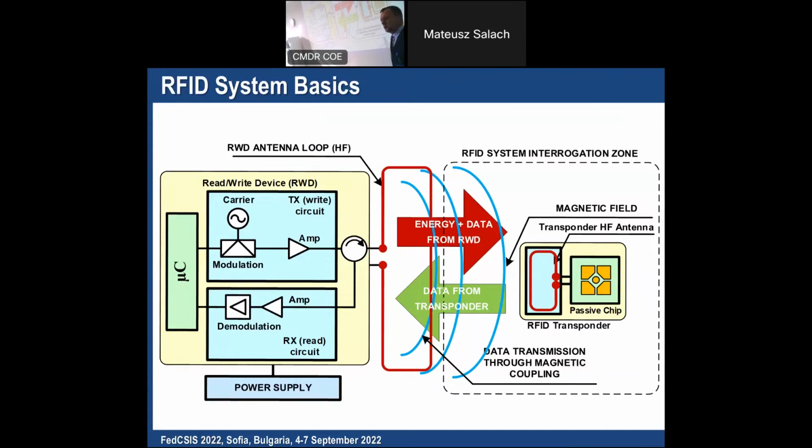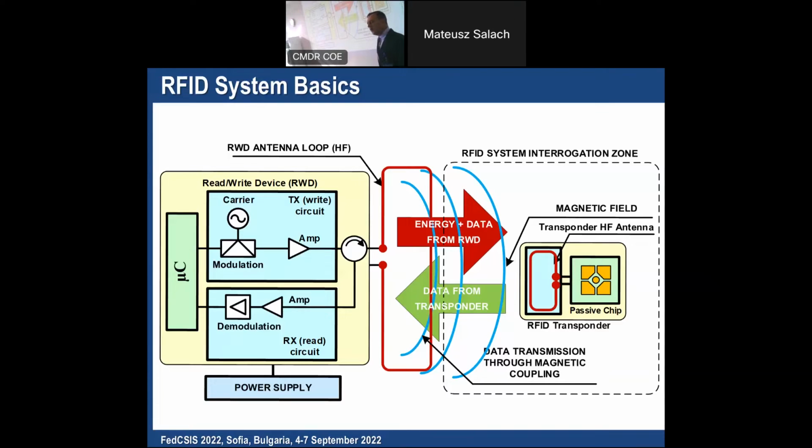And of course, the success of this communication depends on different factors. We talk here about the so-called interrogation zone, which may also be called the zone of the correct work of the system. And as you may expect, it depends on several factors like distance, the strength of the magnetic field, the orientation of the antennas.